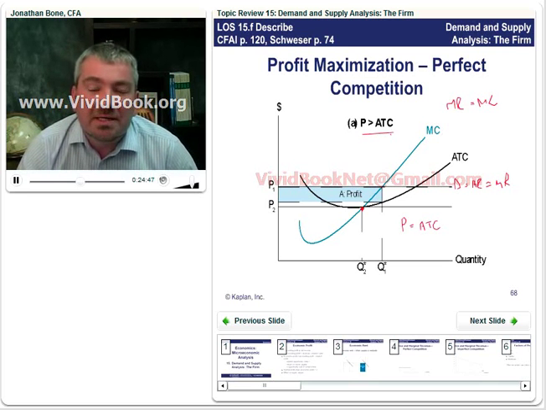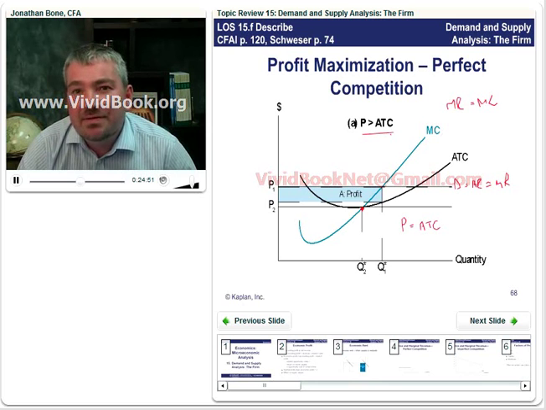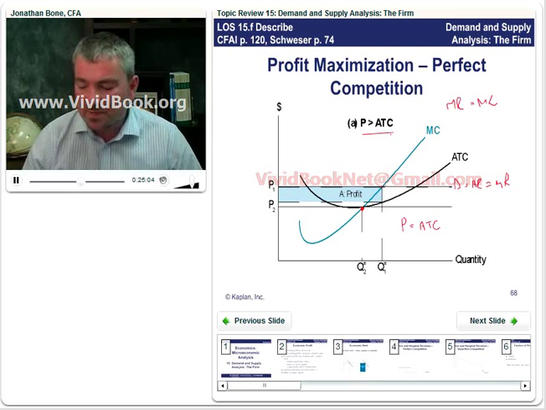And of course, quantity times price gives you total revenue. Quantity times average total cost gives you total cost. So what we're saying is, at this particular point, at P2 and Q2, total revenue equals total cost. A normal profit is being made. The economic profit has been eroded.